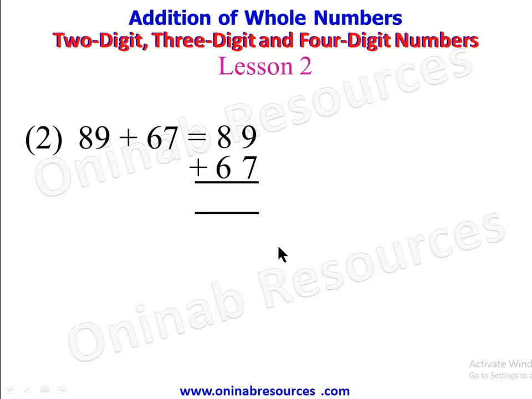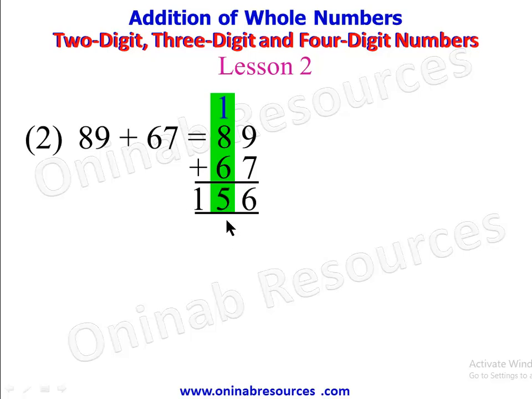So we now add column by column, starting from the unit column. 9 plus 7 gives 16. So we write this 6, which is the unit, and this 1, which is the tens, will be added to the tens, so that we now have 1 plus 8 gives 9, and 9 plus 6 gives 15.